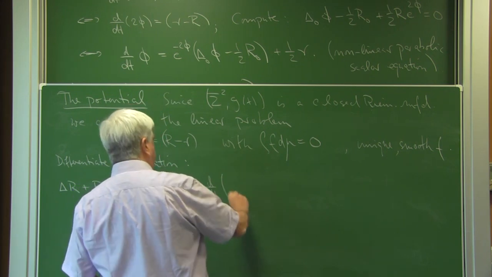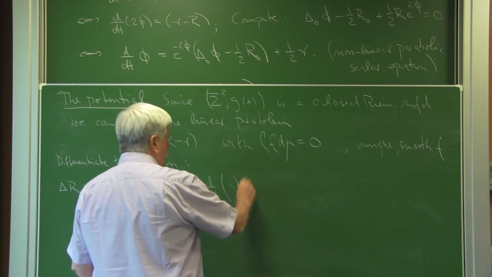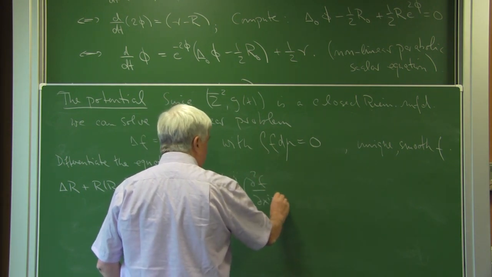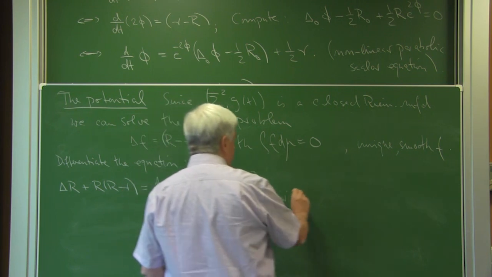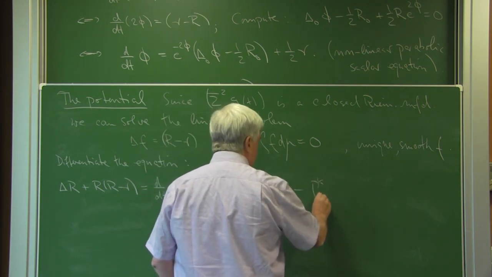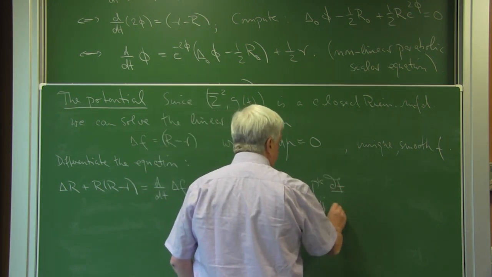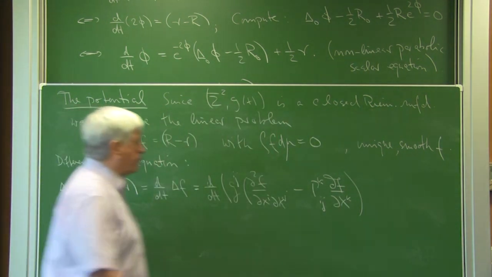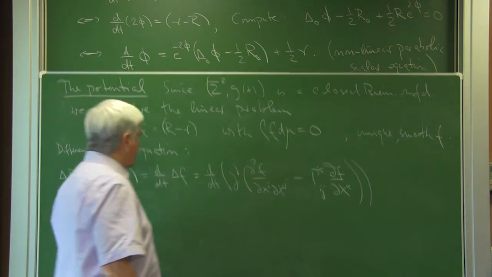This is d/dt of g upper ij times the second coordinate derivatives of f minus the Christoffel symbols, df/dxk, and we just have to do it.